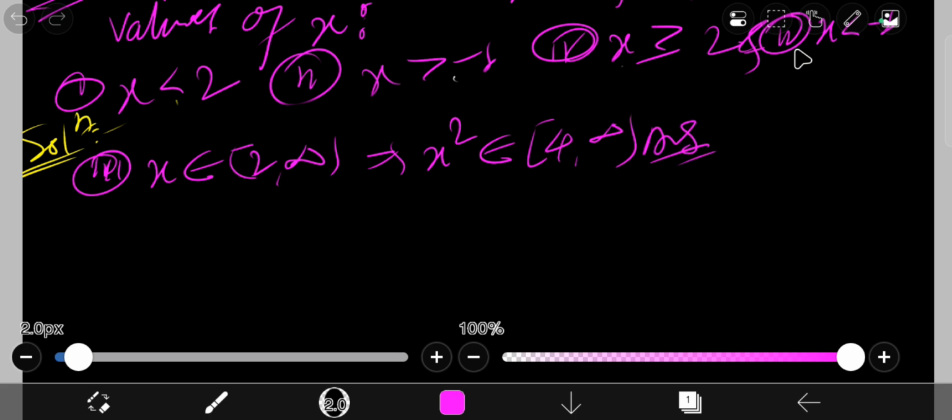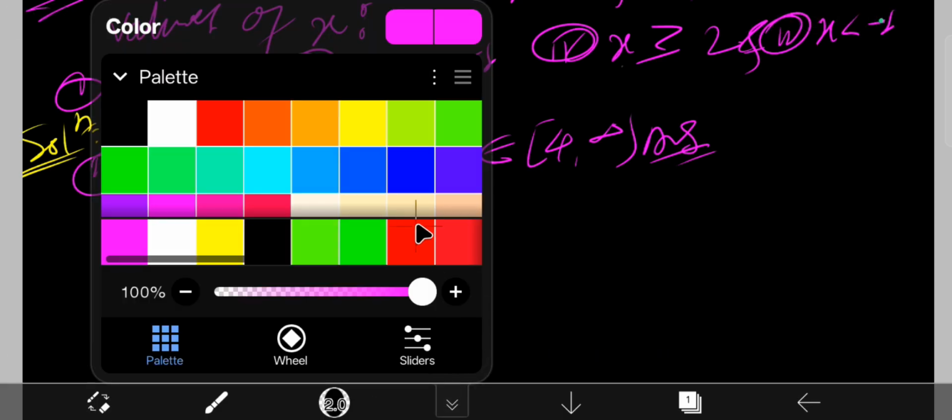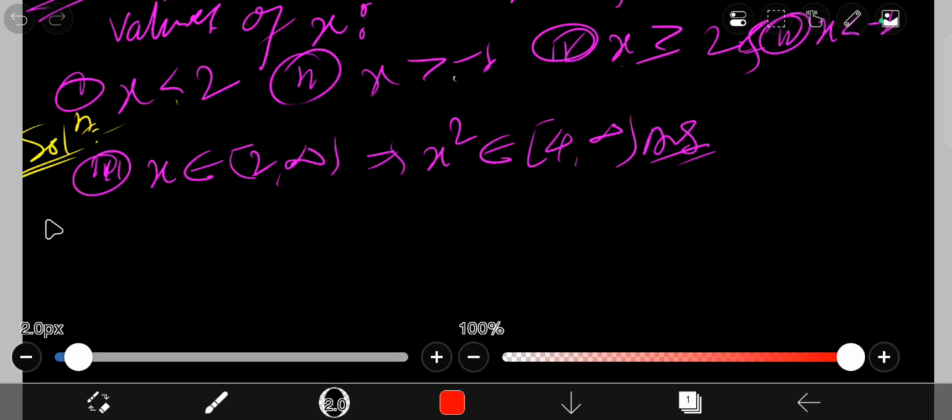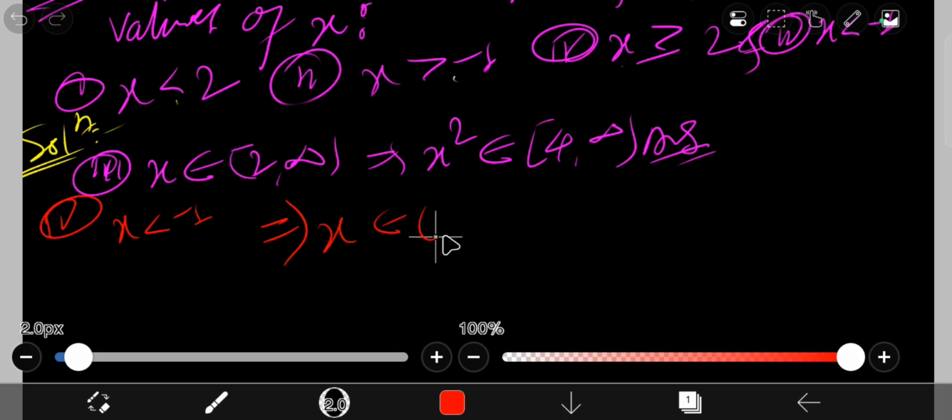This is simple. Similarly we solve for the fourth point: x is less than minus 1, so here we write x belongs to minus infinity to minus 1.